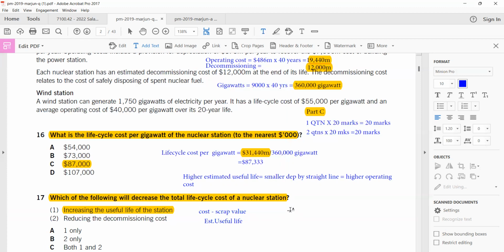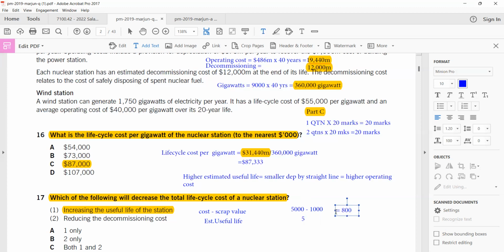Now let's imagine that the cost is 5,000, the scrap value is 1,000, and the number of years is, let's say, 5. You divide by 5. So 5,000 minus 1,000 is 4,000. 4,000 divided by 5 will give us 800.